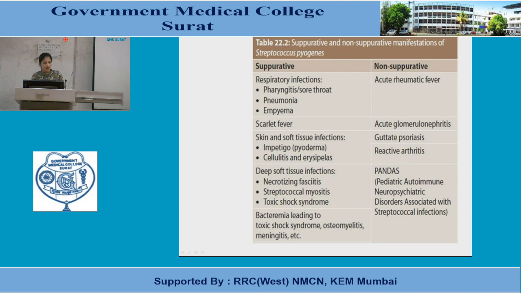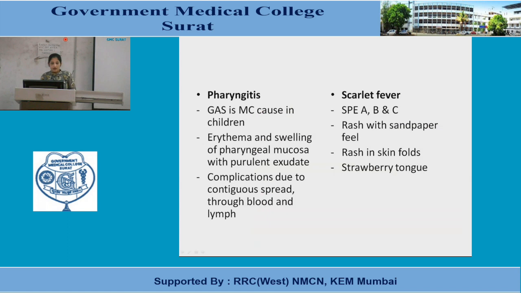Now the non-suppurative conditions found in streptococcal infection are acute rheumatic fever, acute glomerulonephritis, guttate psoriasis, reactive arthritis, and PANDAS, pediatric autoimmune neuropsychiatric disorder associated with streptococcal infection. Some brief notes on suppurative streptococcal infection: pharyngitis is the most common cause found in children, with erythema and swelling of the pharyngeal mucosa with purulent exudate.